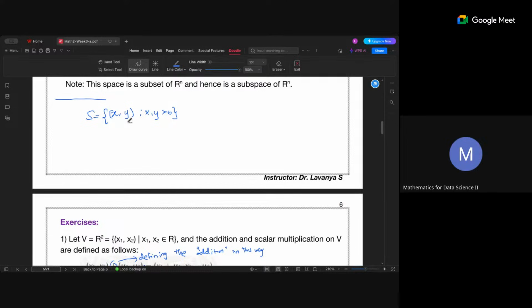Is it closed under addition? Yes. Closed under scalar multiplication? Yes. How can you say S is closed under scalar multiplication?